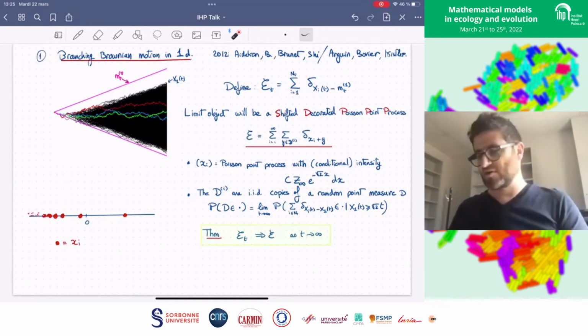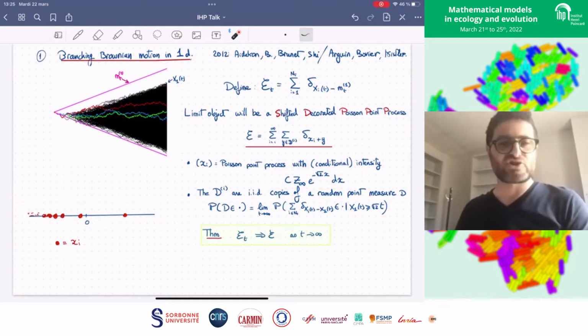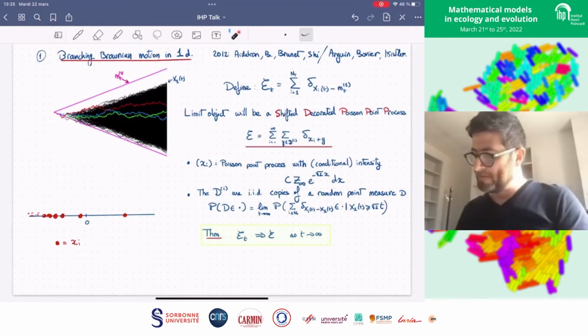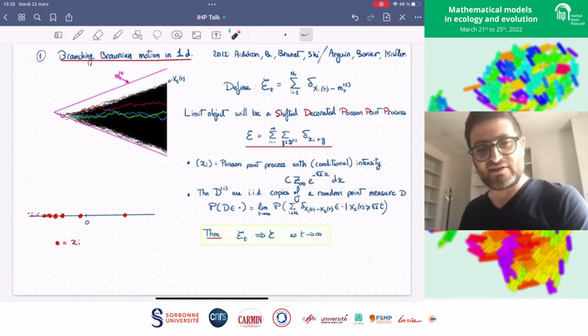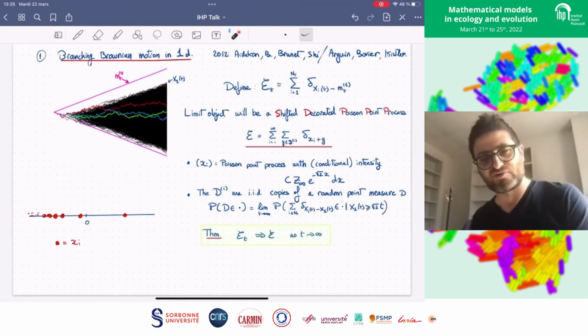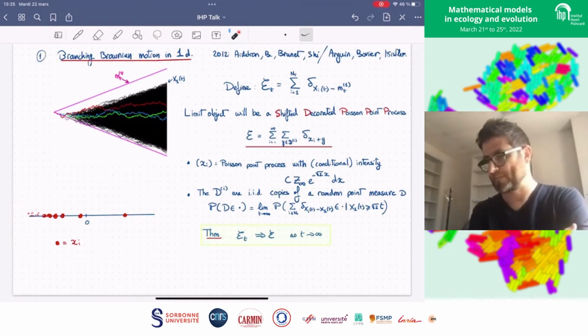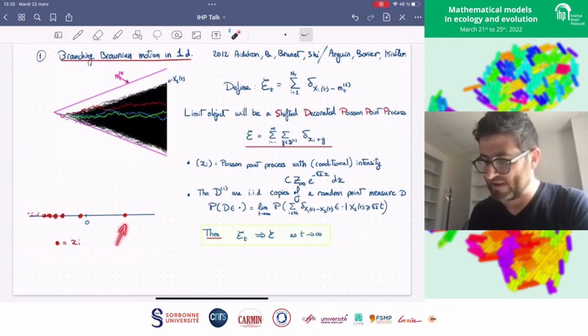So this is a Poisson point process with this intensity, conditionally on Z_infinity. Because you have this e to the minus √2 x intensity, it means that there is a rightmost point, because it is integrable to the right. I'm going to call those atoms the clan leaders, for reasons that are going to become clear.